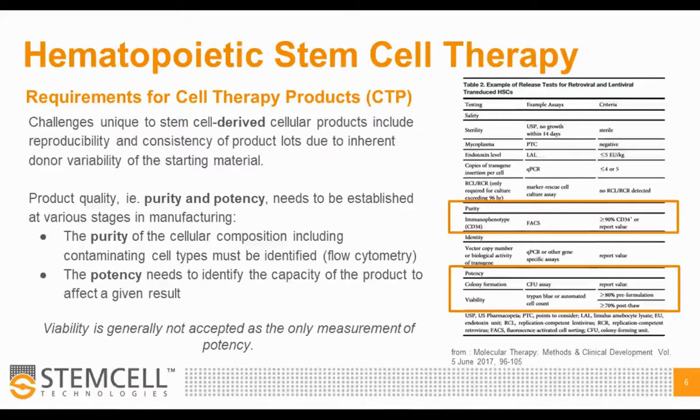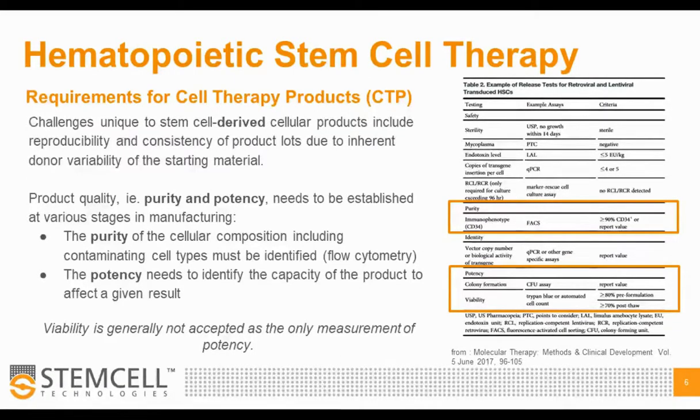If you look here on the right-hand side at the table, this is an outline of a table that examines the release criteria for a retrovirally transduced hematopoietic stem cell product. And this is from a recent paper from Molecular Therapy in 2017. You can see that the requirements for safety testing include sterility, of course, purity, identity, and potency.